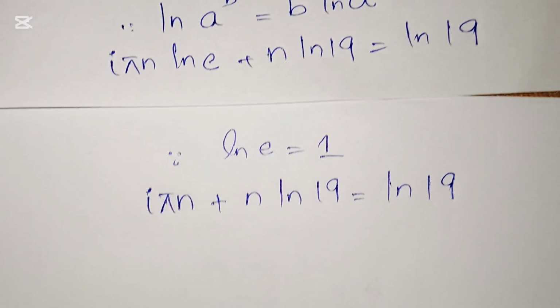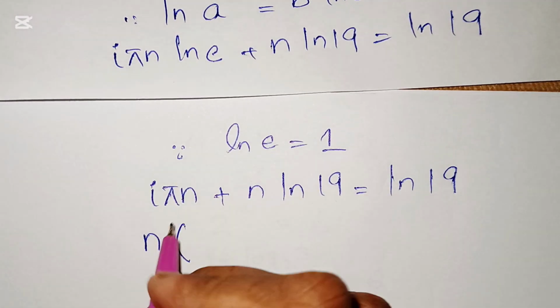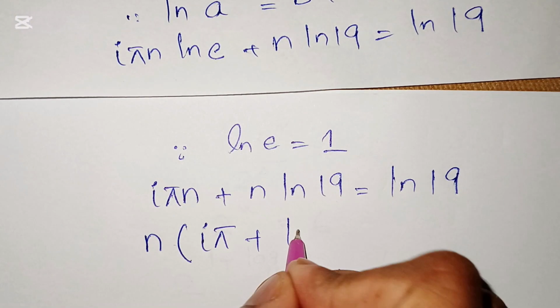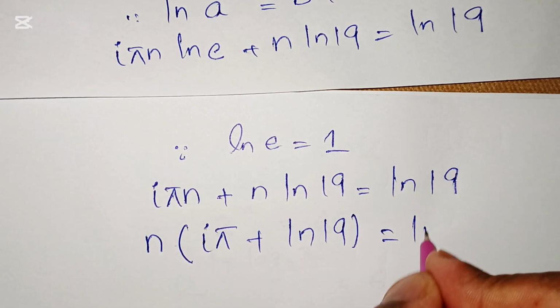Now on the left side we can take this n common from both the terms, and i pi plus ln of 19 is equal to ln of 19.